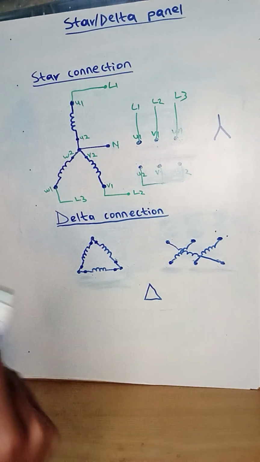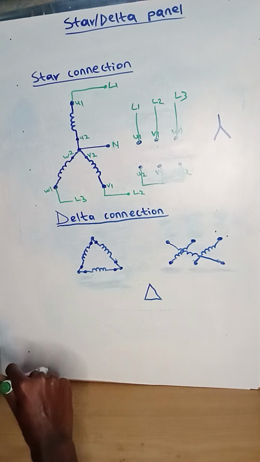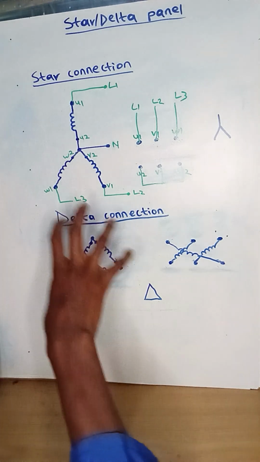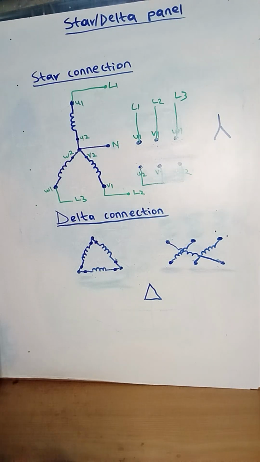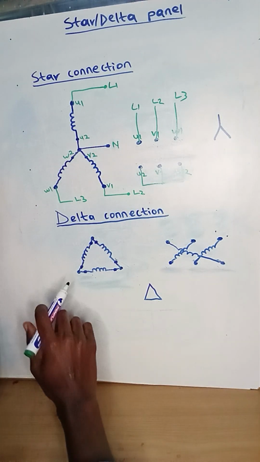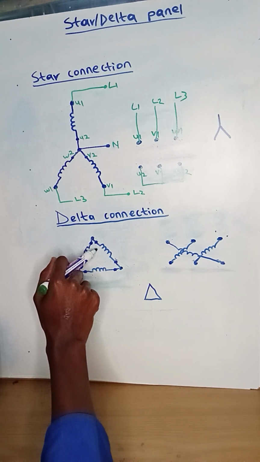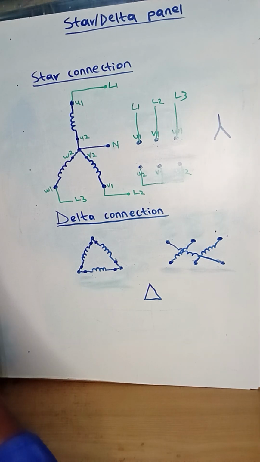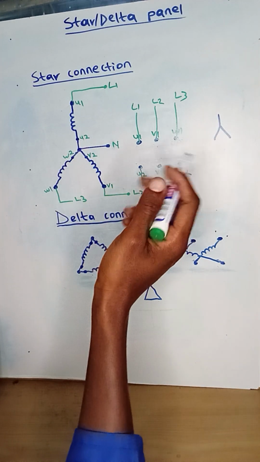I'll go to delta connection. So this is the delta connection, triangle shape, and then I'll show you the connection of my delta. Right. So if you can see from this side, we have 3 windings, 1, 2, and 3. So I'll start by naming my windings.